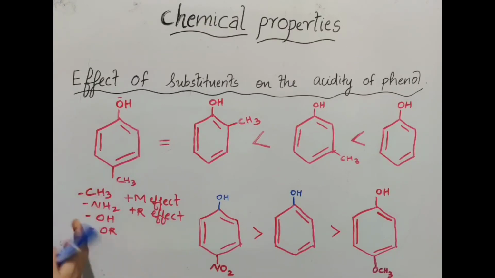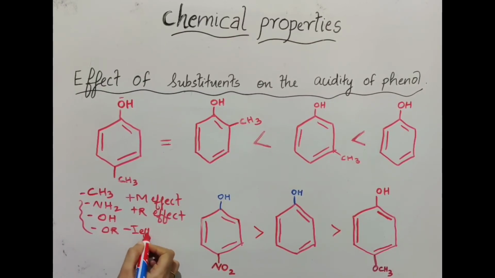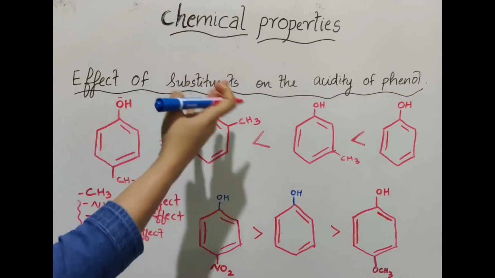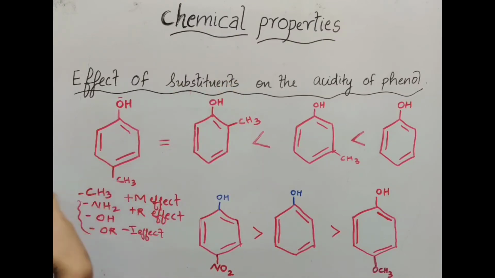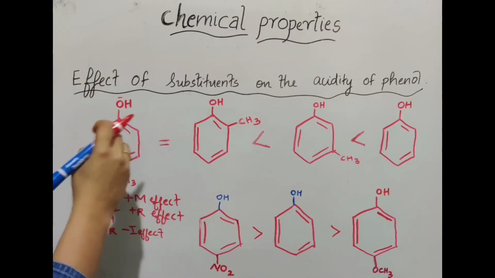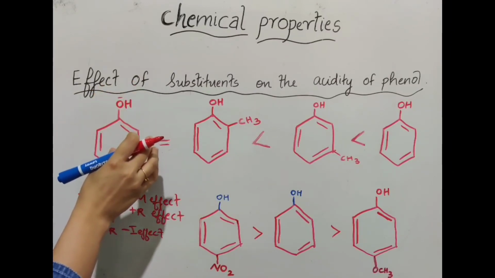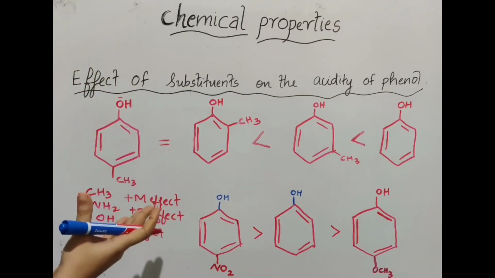That is, in these three groups, minus I effect predominates over plus I effect. When an electron releasing group such as an alkyl group is present at the ortho and para position with respect to OH, it tends to destabilize the phenoxide ion by intensifying the negative charge through electron release by positive mesomeric or resonance effect.